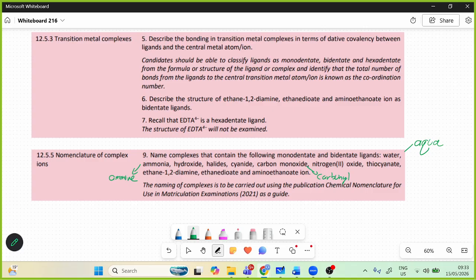Thiocyanate is thiocyanato. Ethane-1,2-diamine remains ethane-1,2-diamine. This is ethanedioato. Normally the -ate you change to -ato. Okay? And aminoethanoate is aminoethanoato.